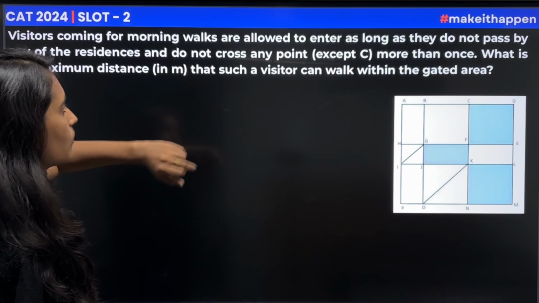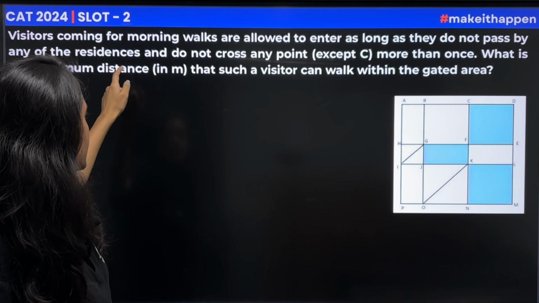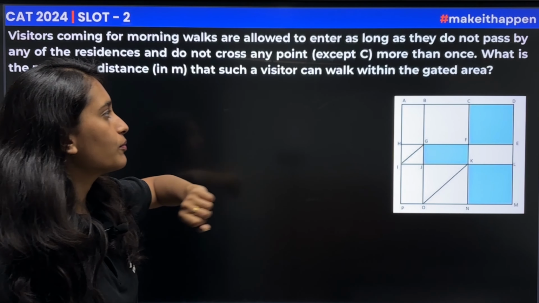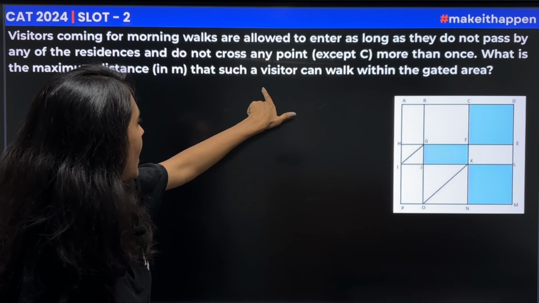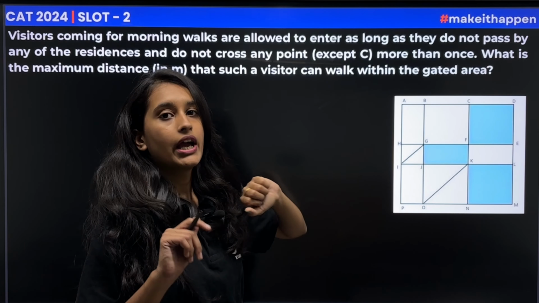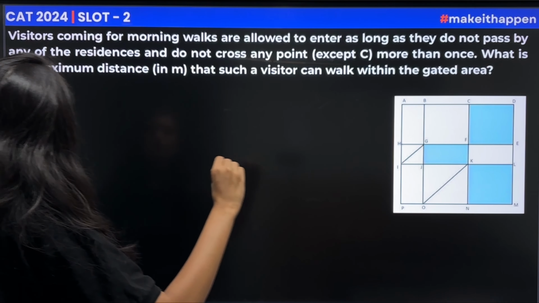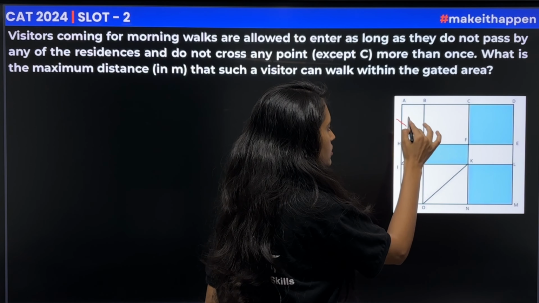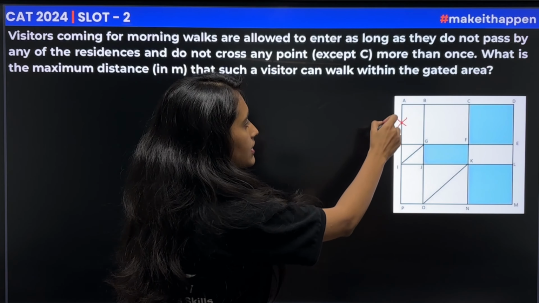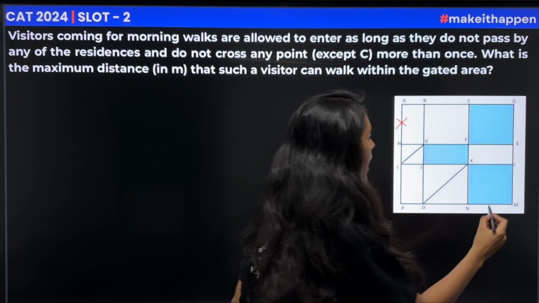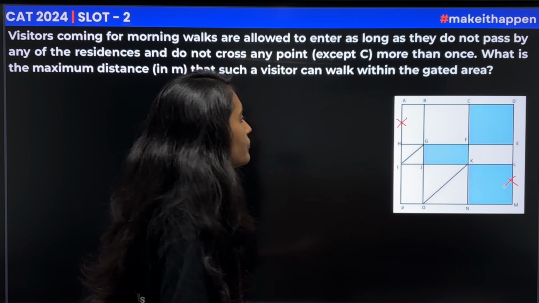Visitors coming for morning walks are allowed to enter as long as they do not pass by any of the residencies and do not cross any point more than once. What is the maximum distance that such a visitor can walk within the gated area? They do not have to pass through any of the residencies, and as we saw from the information, residencies are on the path AH and ML, so the person cannot walk through these points.